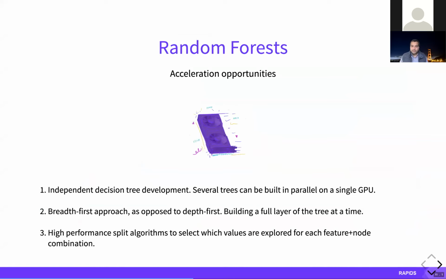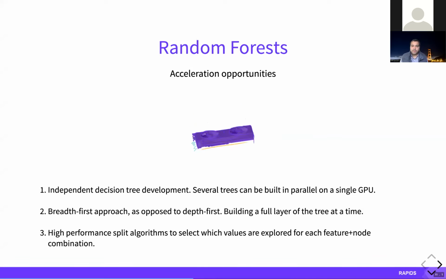One is quantile, and there is min max. But if you accelerate those algorithms with GPUs, you can get really fast at exploring each feature plus node combination. That exhaustive search of where to split can become really fast. So those are the three acceleration opportunities that GPUs can leverage.